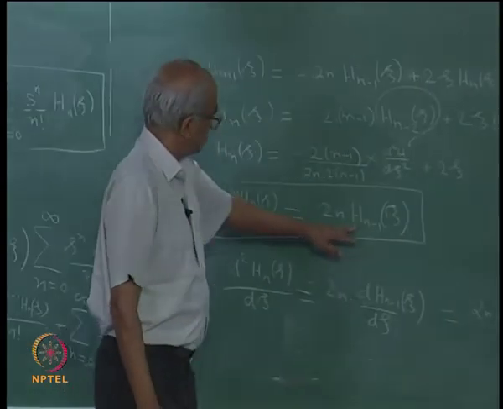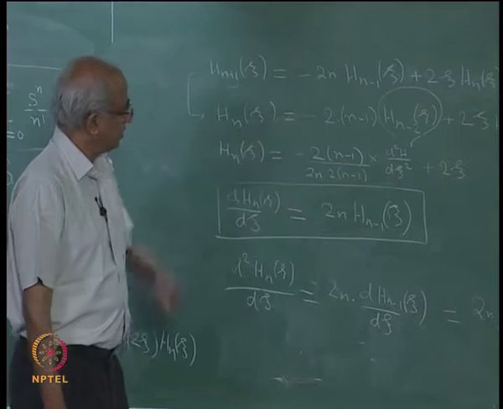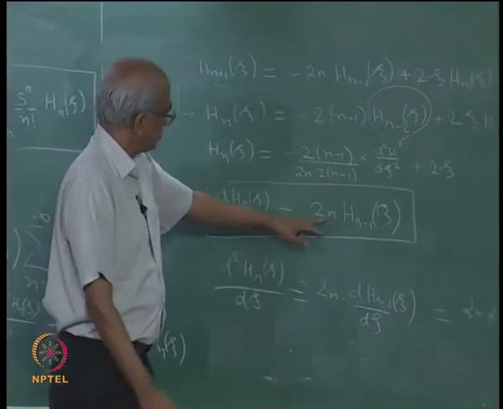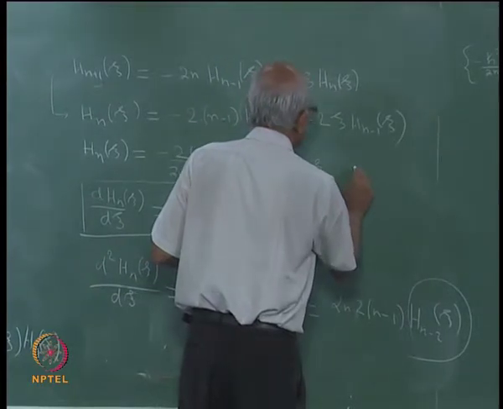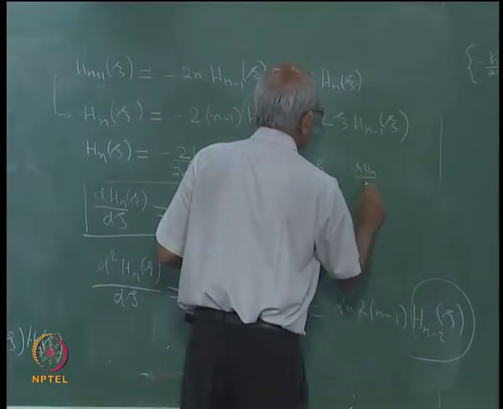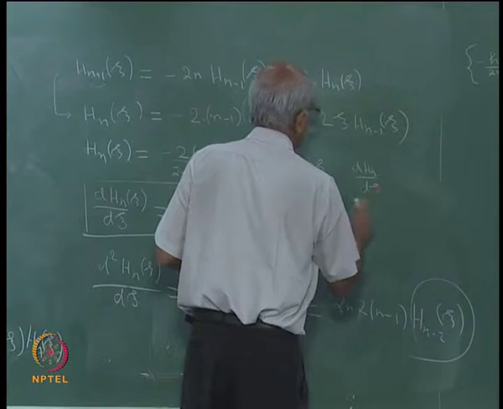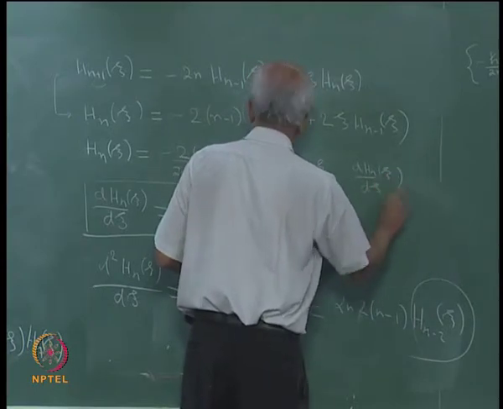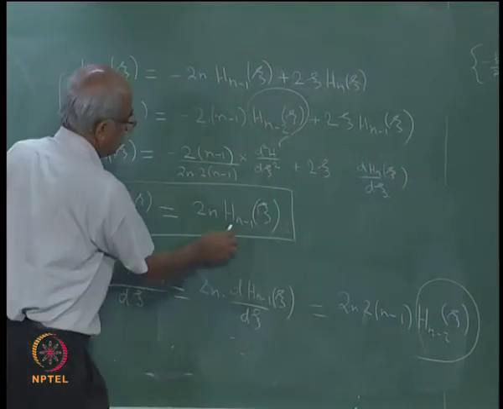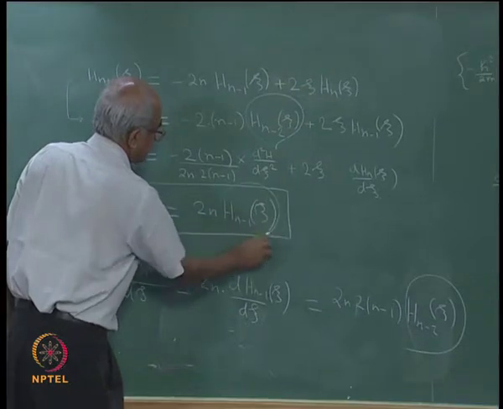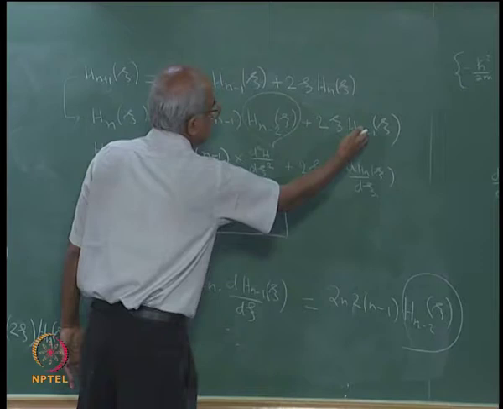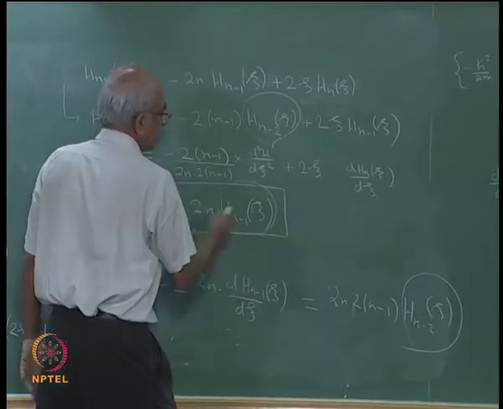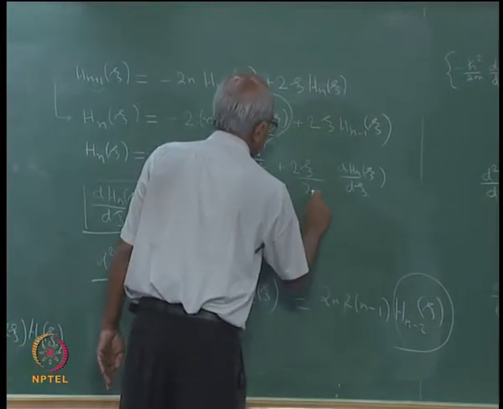I am going to use this equation to get rid of h n minus 1. So, naturally I shall get d h n by d c. I am using this equation. See, h n minus 1 is here, but I use this equation and replace the h n minus 1 occurring there. So, the answer is actually just this divided by 2 n.